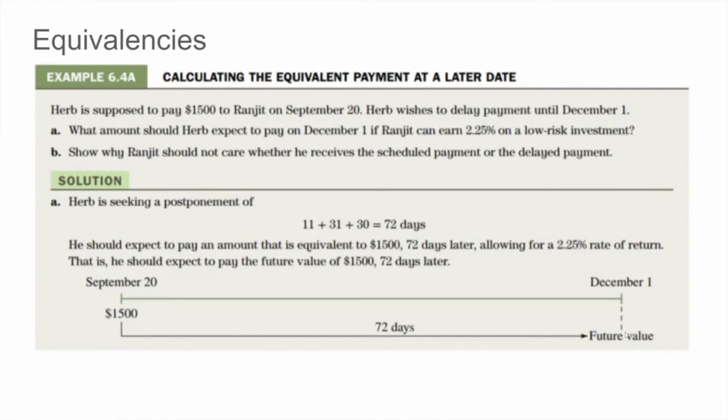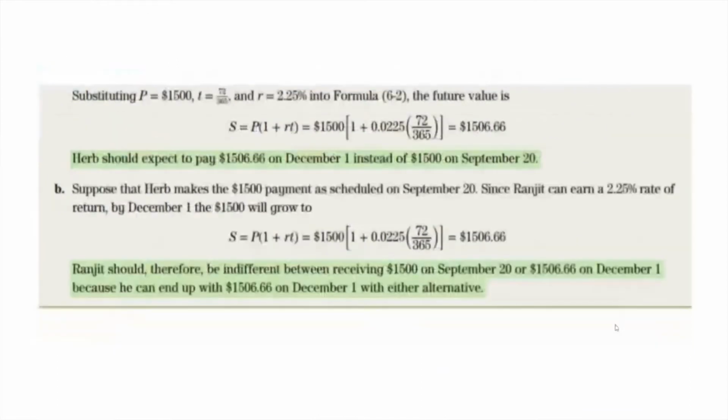What is the amount worth on December 1st? So substituting P for $1,500, t for 72 days out of 365, and a rate of 2.25%, which is 0.0225, we just plug that into the future value formula.